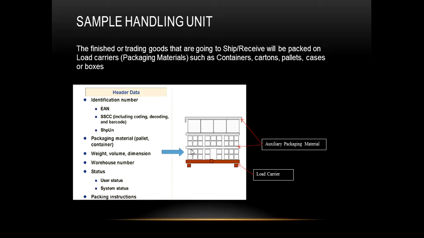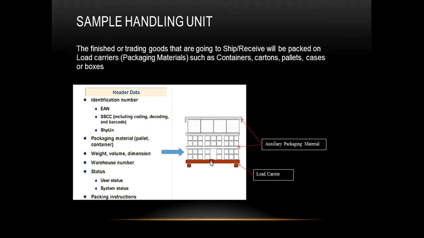These partitions are nothing but auxiliary packing materials, another kind of packaging material. So once it is kept in this manner, and if it is wrapped using some plastic covers, that plastic cover again will become another packaging material.